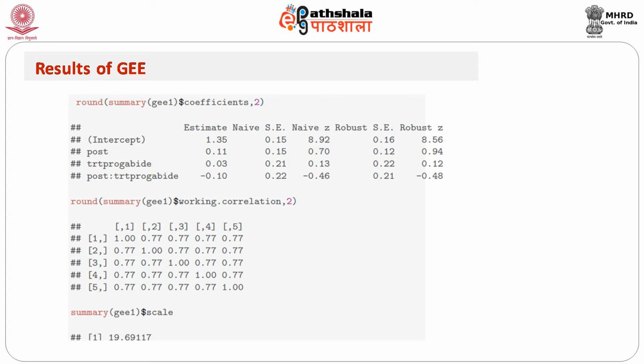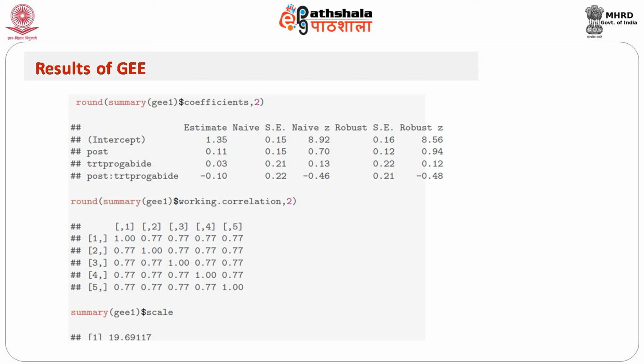Note that the post-Progabide interaction has a negative estimate, meaning that Progabide is reducing the number of seizures. It also gives the naive standard error, the naive Z, the robust standard error and hence the robust Z. About the working correlation, we had assumed the working correlation to be exchangeable.